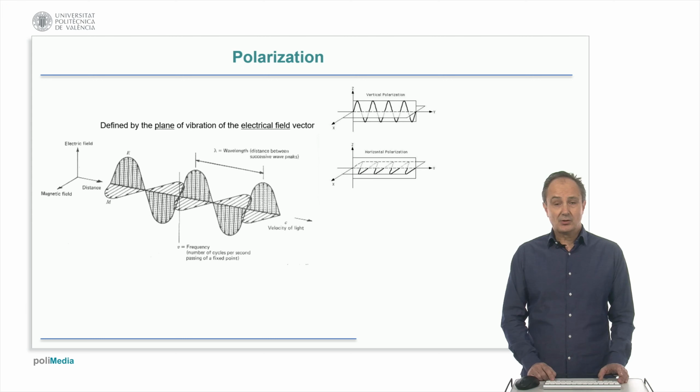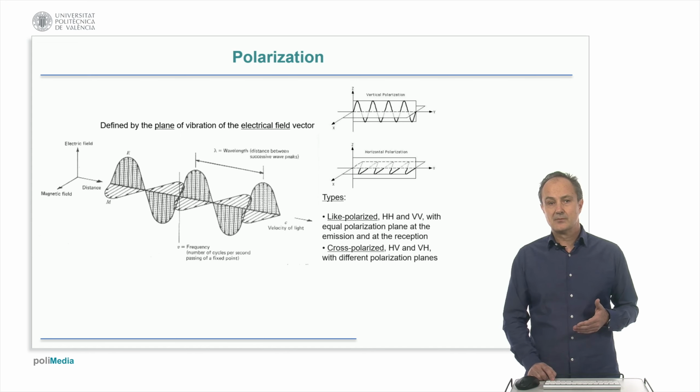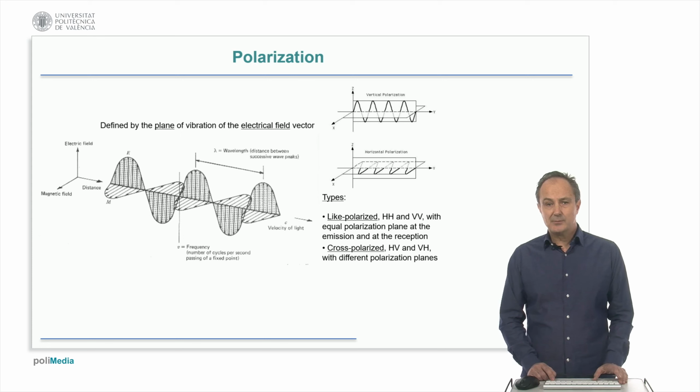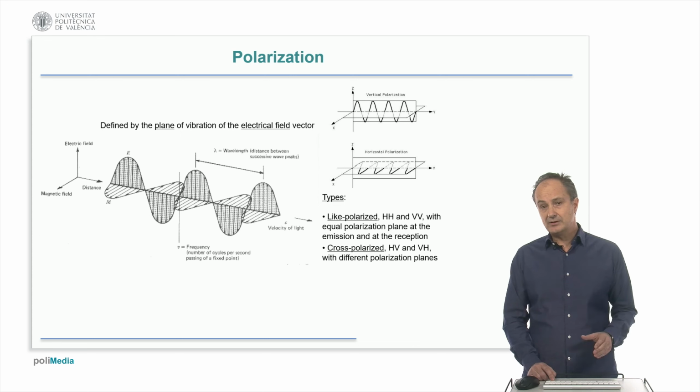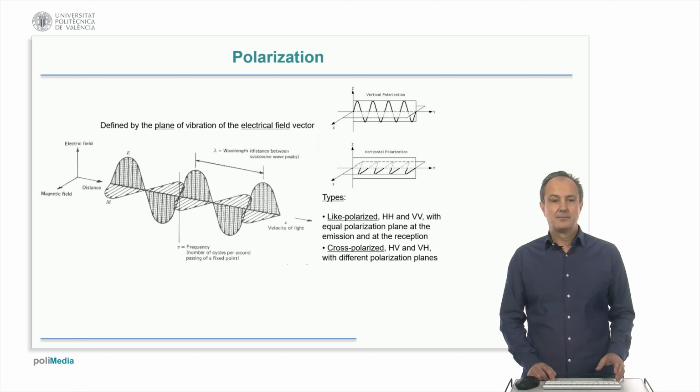Electromagnetic radiation propagates orthogonally to the electric and magnetic fields. The polarization of a system is defined by the plane of vibration of the electric field, and it can be horizontal or vertical. There are four basic types of radar polarization. Two like-polarized, horizontal-horizontal and vertical-vertical, with equal polarization plane at the emission and at the reception, and two cross-polarized, horizontal-vertical and vertical-horizontal, with different polarization planes.